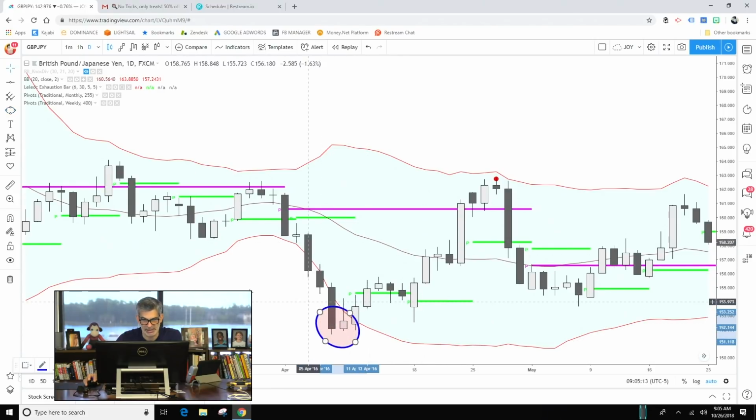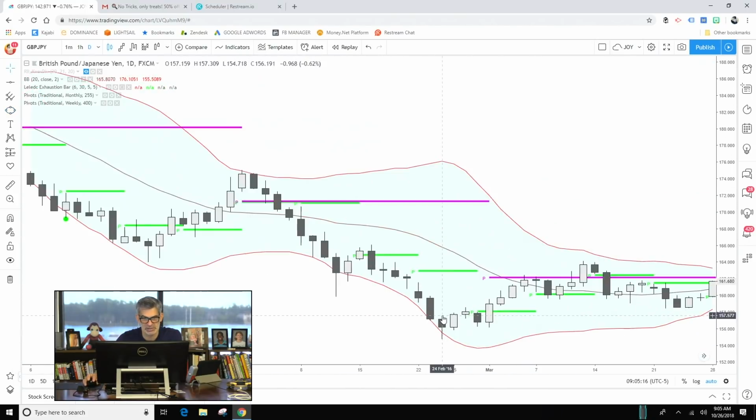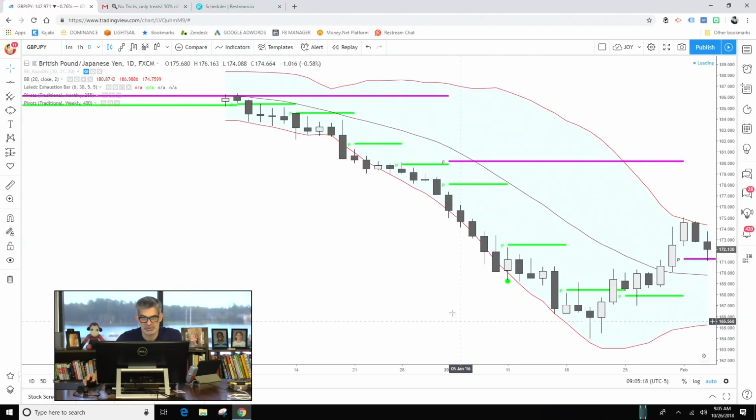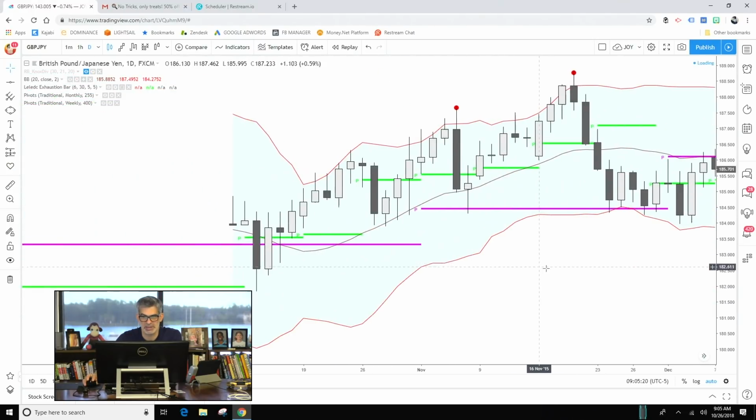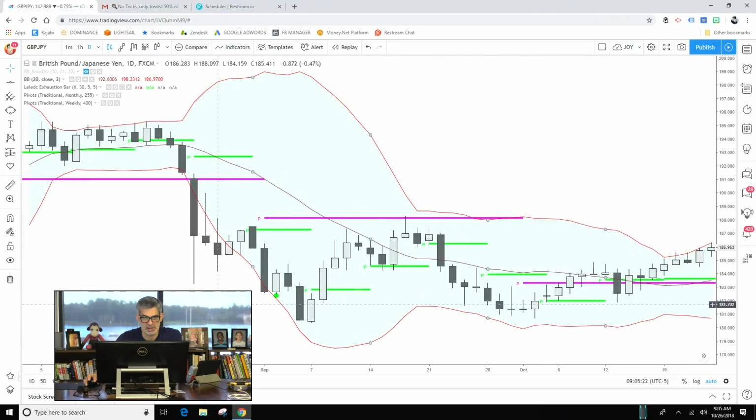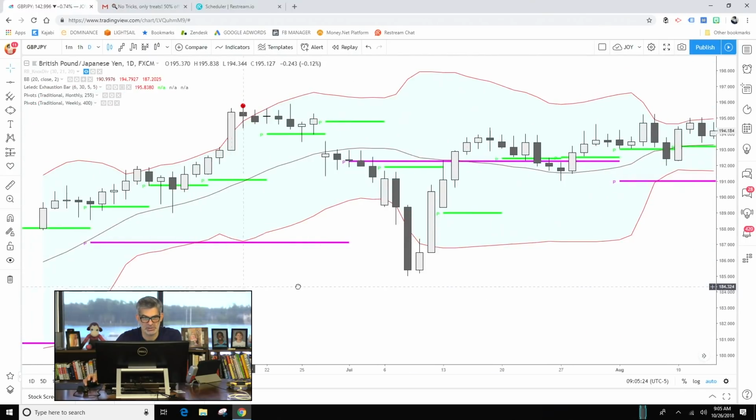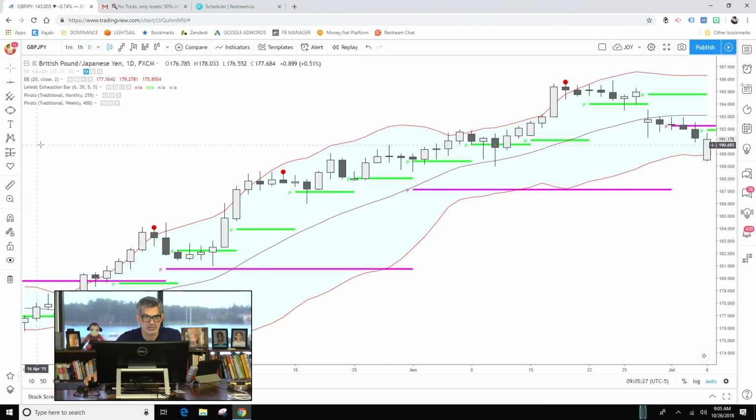Like multiple candle bodies just outside the bands. It's not really a reversal or exhaustion bar, but boy, did that look nice. Well, you don't find very many of these, do you? There's one right there. Maybe it works best on the yen pairs.